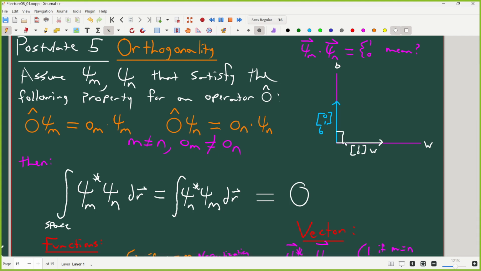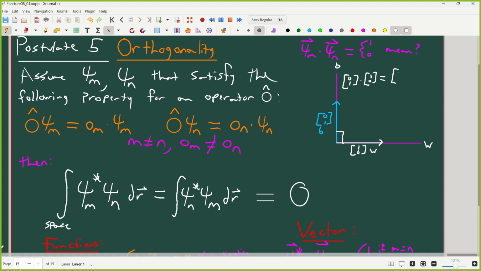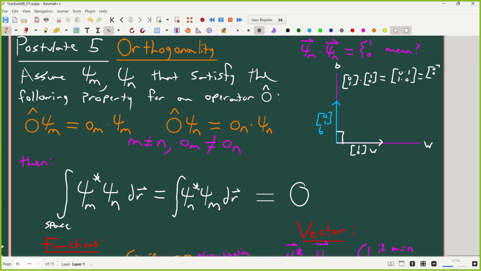So what happens when you take the dot product of these? Well, this is 0 times 1 for the first component and 1 times 0 for the second component. This is 0, 0, which is just 0. Remember that a dot product measures the similarity between two vectors.